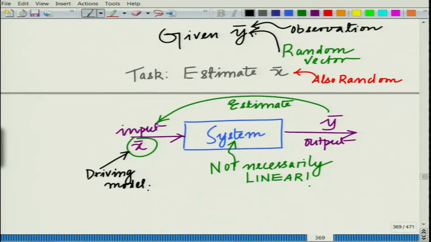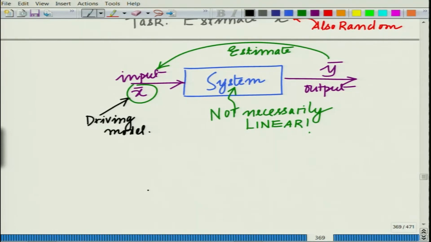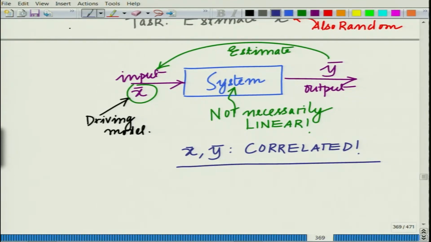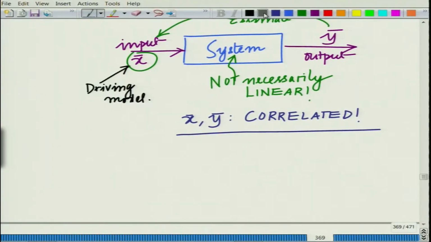And the point here is what we want to exploit is the fact that x bar, y bar are correlated. This is a very important point. X bar influences y bar. So, naturally x bar and y bar are correlated. We want to exploit this correlation between x bar and y bar to determine x bar from y bar, that is the point.